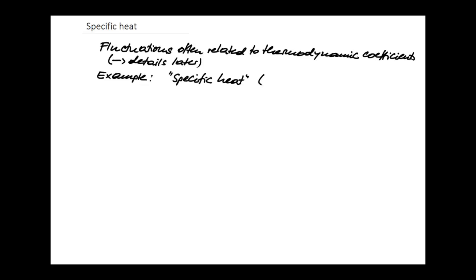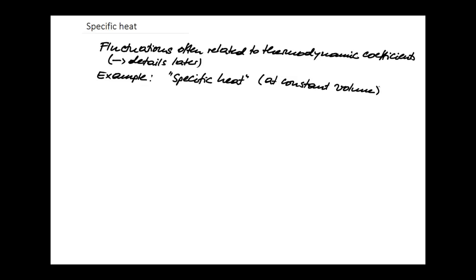More precisely, in case the system that you consider is in a container with varying volume, where the volume is allowed in principle to vary, then you have to specify whether you keep the volume constant or you keep the pressure constant. So let's focus on the specific heat at constant volume.